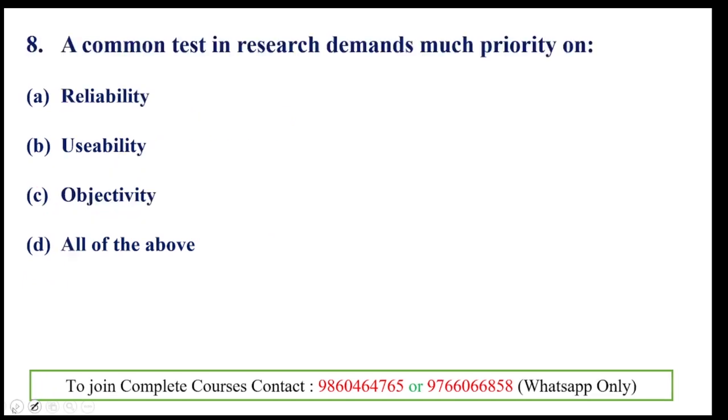Okay, then eighth question, a common test in research demands much priority on. So the common test means the features or characteristics that research demands in its research report, that are much prioritized. So reliability is very important, and usability.